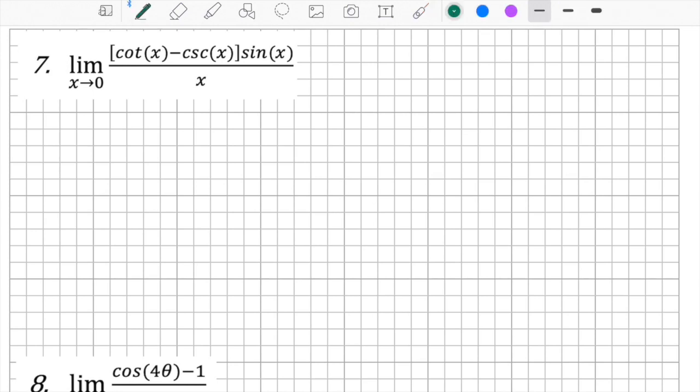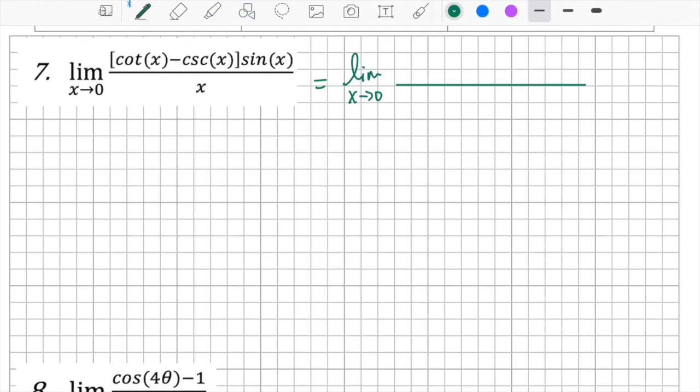So what we're going to have to do is rewrite everything in terms of sines and cosines. That would be the best thing to do. So let's rewrite it first. So it'll be limit as x approaches 0. Now, let's see.